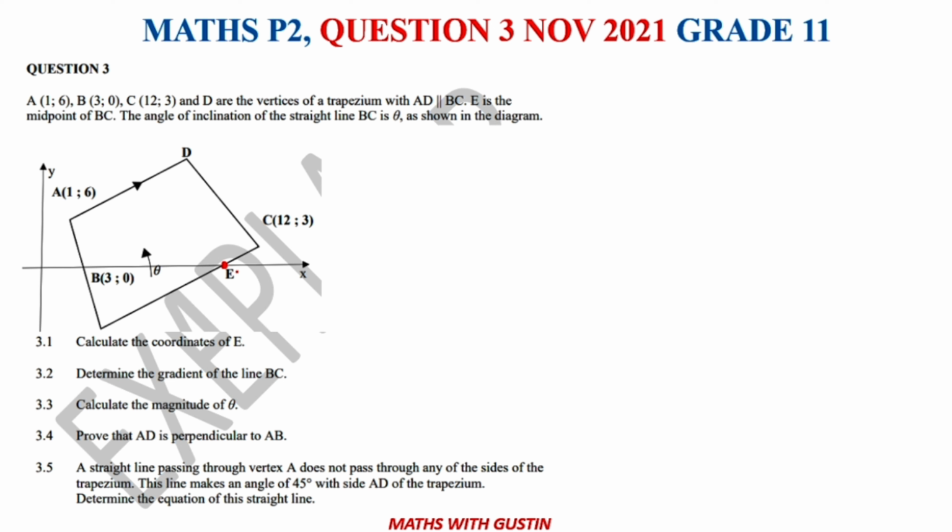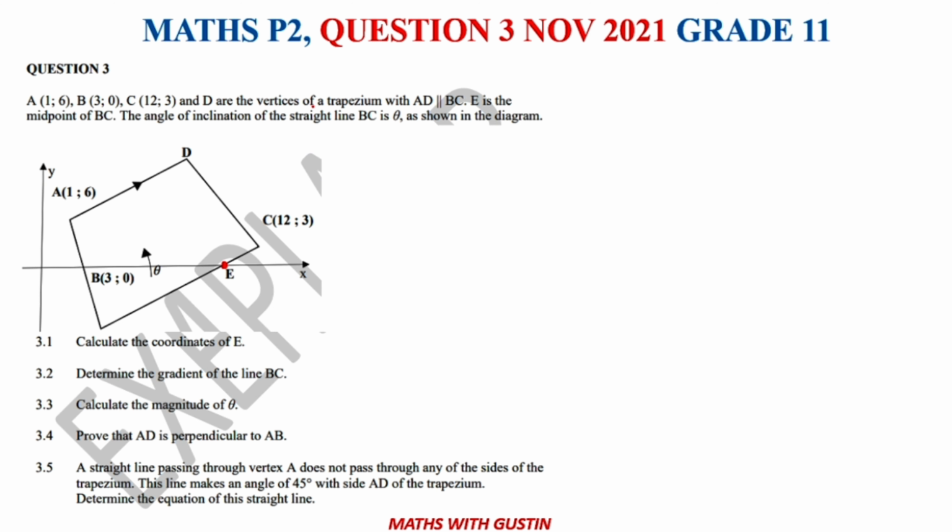Where is BC? Okay, BC, E is the midpoint. The angle of inclination of the line BC is theta, as shown in the diagram below.